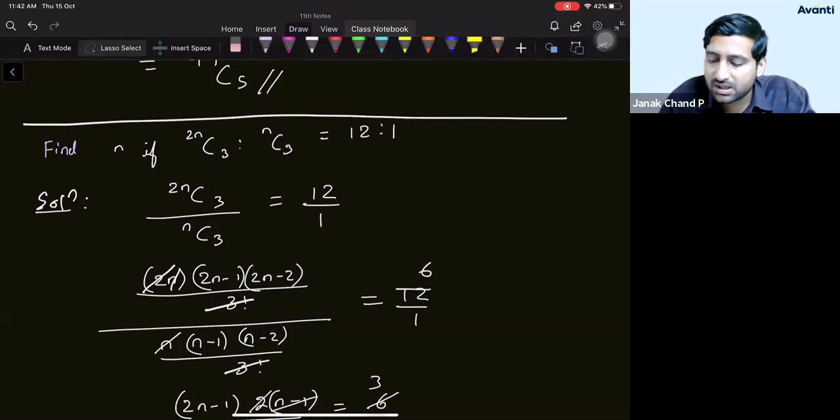If it is combination, do the same thing, but do one extra step, that is divide by r factorial. If the value of r is not known, then use the formula. What is that formula? n factorial divided by n minus r factorial into r factorial. Use that formula if r is not known.